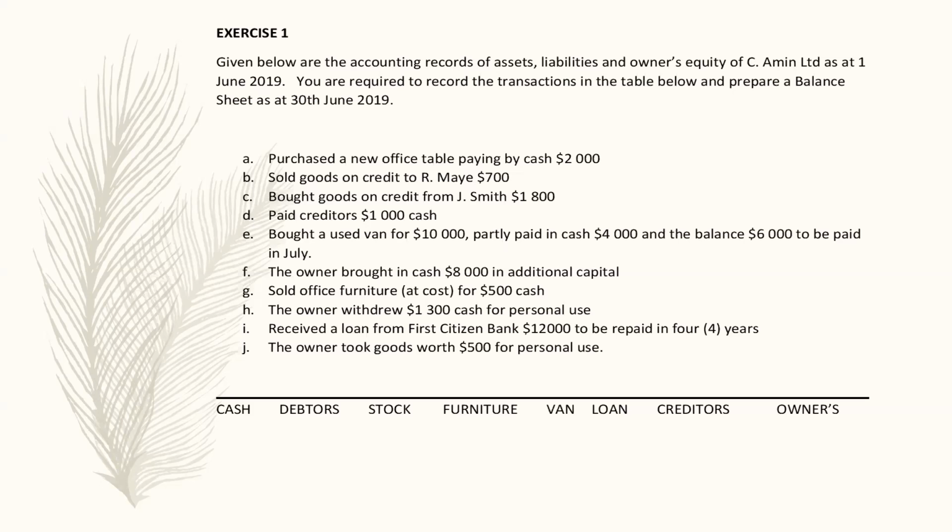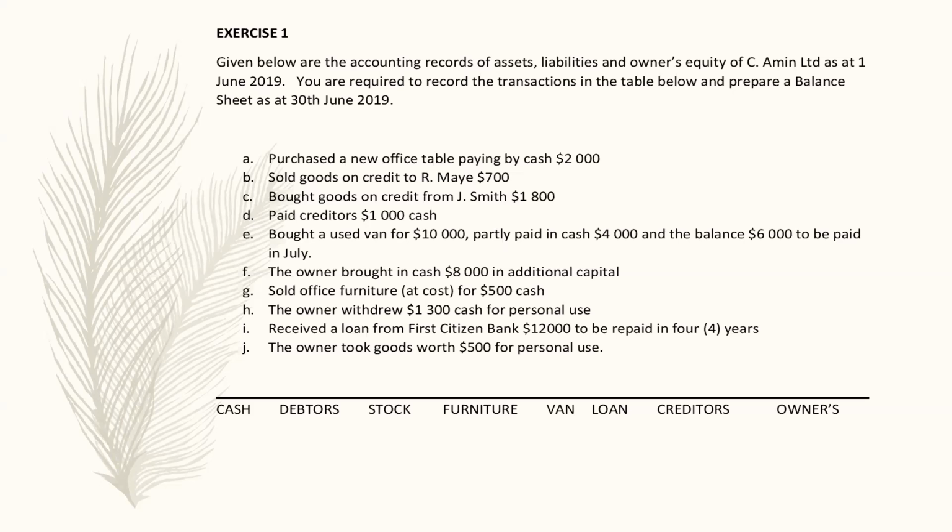As the owner brought in $8,000, his capital or owner's equity is also going to be increased by $8,000. So under owner's equity you put plus $8,000.